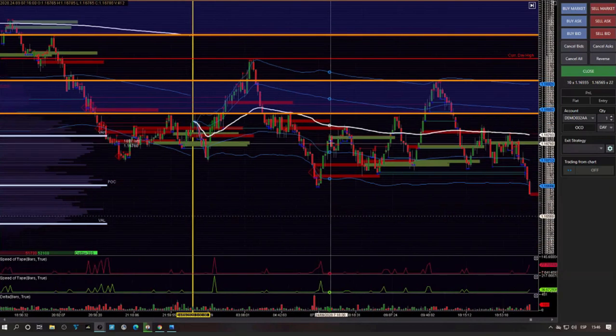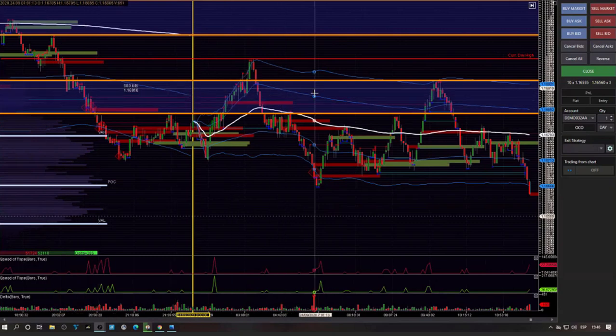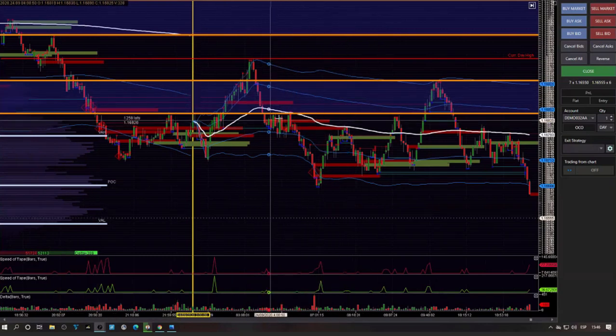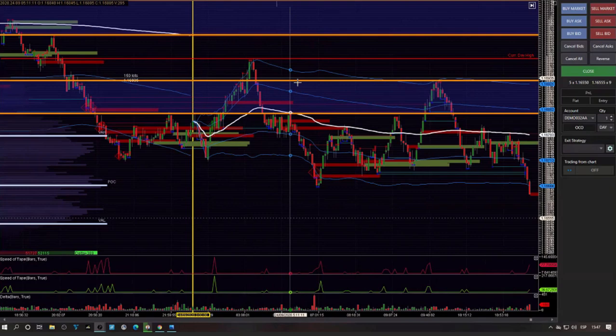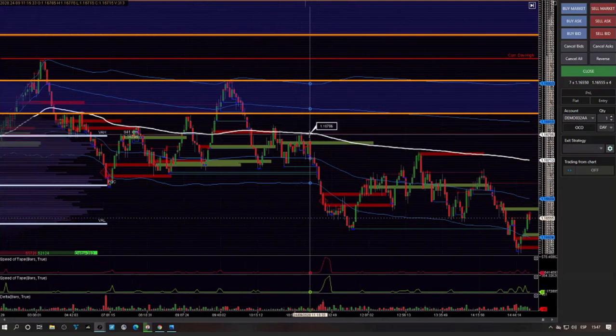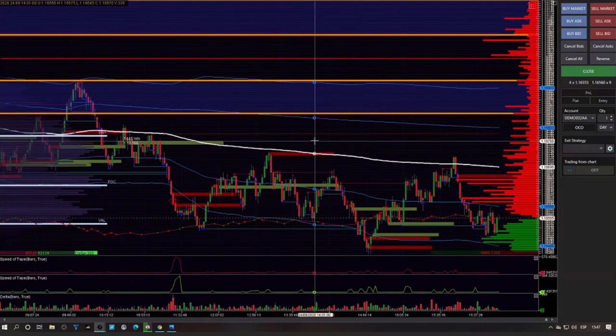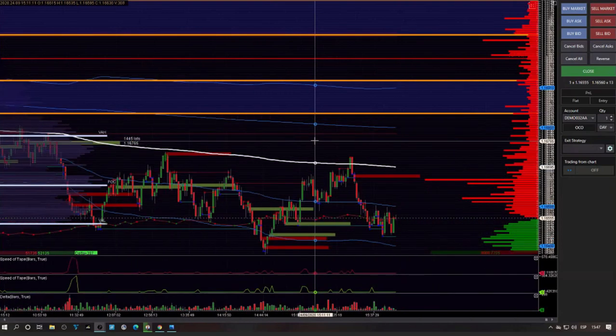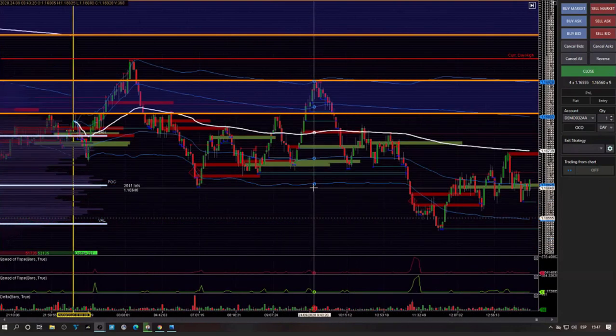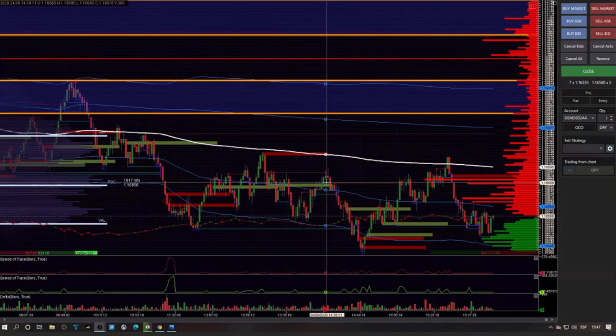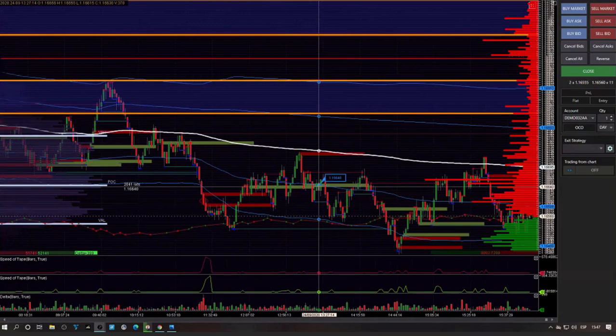That means there is some interest to keep the price below this highlighted area. So we can use that as a reference, maybe to set up our stop losses or take profit depending on the bias we will be trading today.